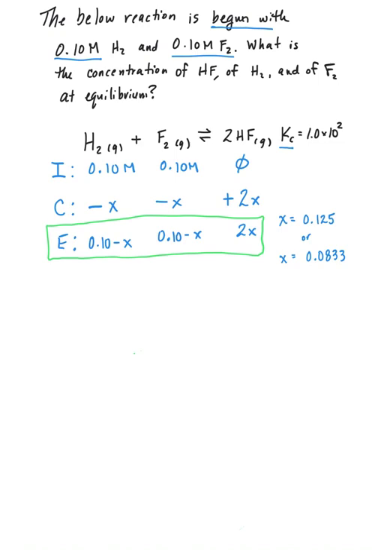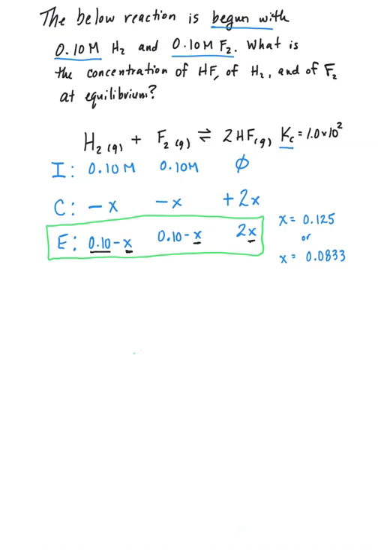I've moved those two solutions up near our ICE table so that we can evaluate why there are two and whether we should have two. So, x is a solution to this ICE table's unknown change. Suppose that x were 0.125. What would the equilibrium concentration of H2 be, and what would the equilibrium concentration of F2 be? Well, to solve for those concentrations, we'd take 0.1 and subtract from it 0.125. We'd end up with a number that is negative.